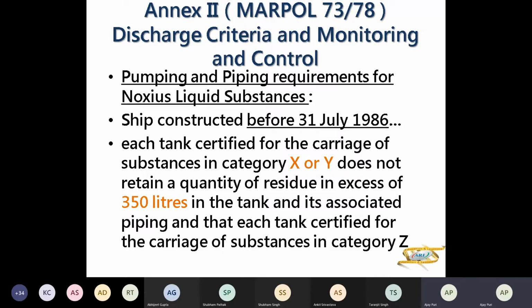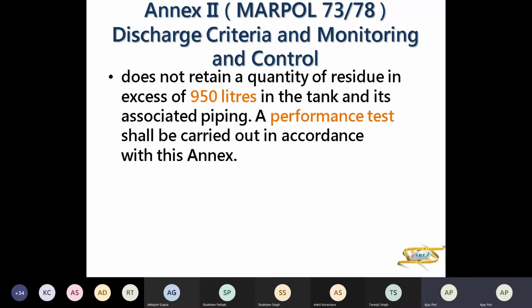So that is for BCH code. And for Z category, before 31st July 1986, the retaining should not be in excess of 750 liters, including the pipeline. And for that, the performance test is given.